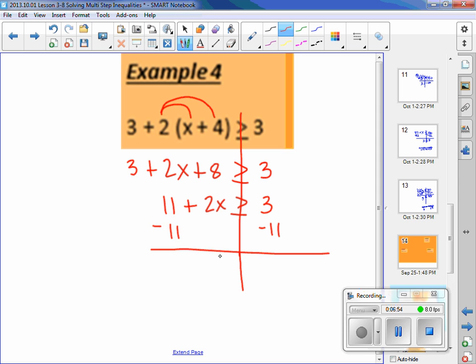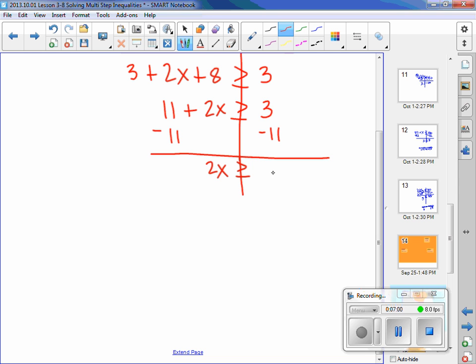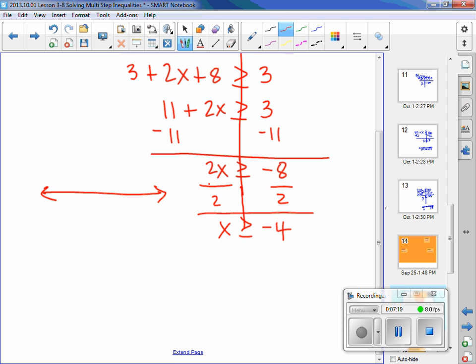So I get 2x is greater than or equal to what? Should be negative 8, yeah. And then divide by 2. So I get x is greater than or equal to negative 4. So I put negative 4 with a closed circle shaded to the right.